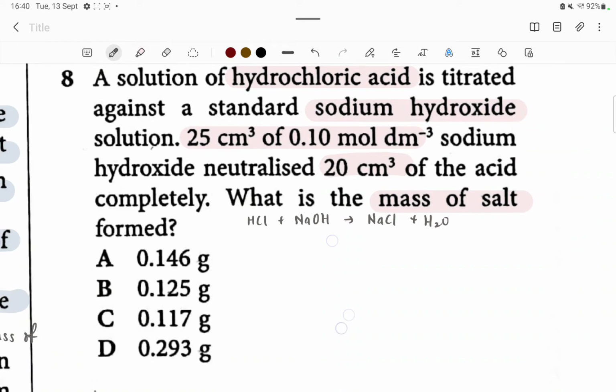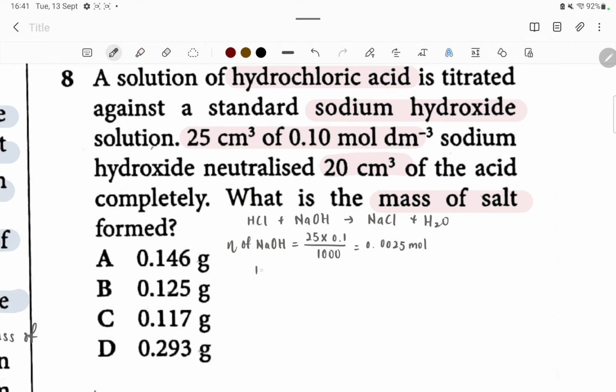So number of moles of NaOH is actually volume times molarity or concentration, 0.1 over 1000. This one you should get 0.0025 mole as your answer.